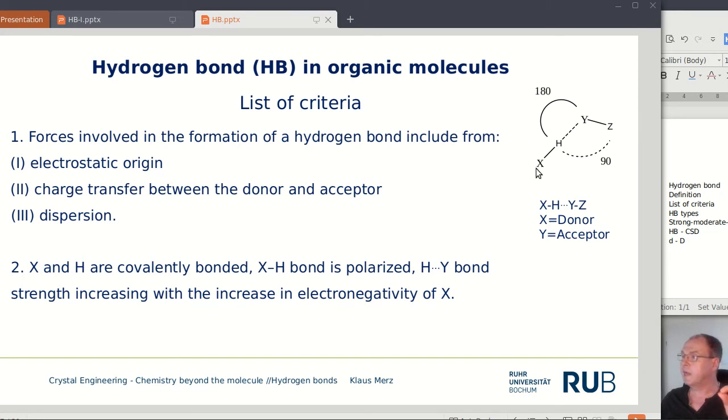You see it here, X, H, epsilon, Z. Okay? I drew here the angles. On one side X, H, epsilon should be linear, 180 degrees, and for H, epsilon, Z, this angle should be around 90 degrees.